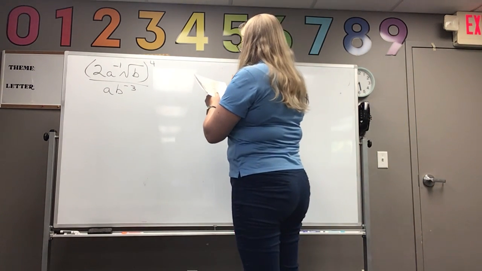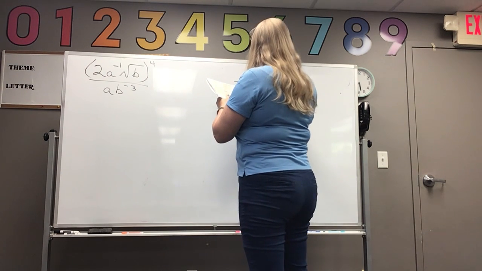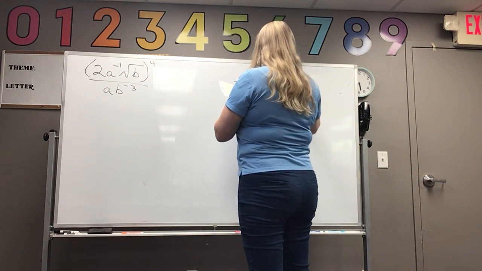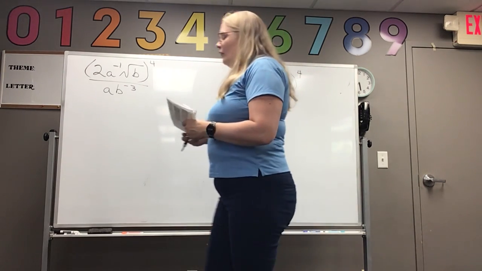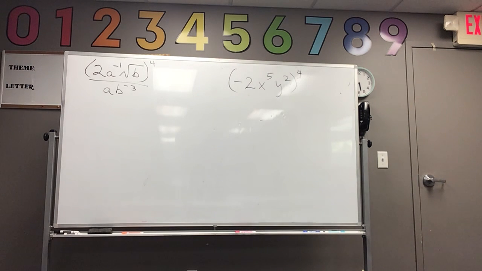We also have negative 2 x to the 5th y squared all to the 4th power. So both of these fall in the middle of a test, and they're straight simplification. You're trying to get rid of roots, you're trying to get rid of negatives, rewrite the expression. I'm going to give you 2 minutes.